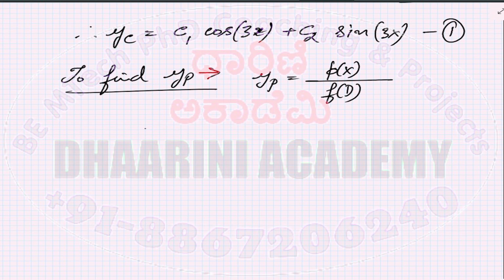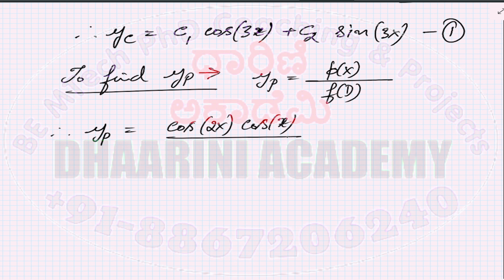Okay, so this implies, therefore, yp is equal to, now I'll substitute the function back, that is cos of 2x into cos of x, whole divided by the f of d. If you observe the previous step, that is yc, I have d square plus 9.